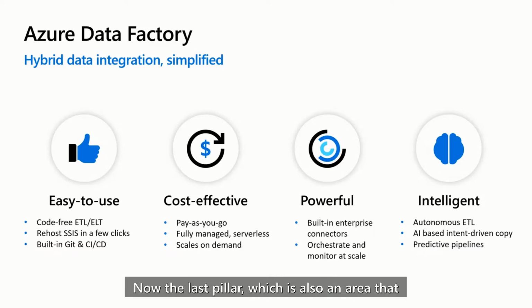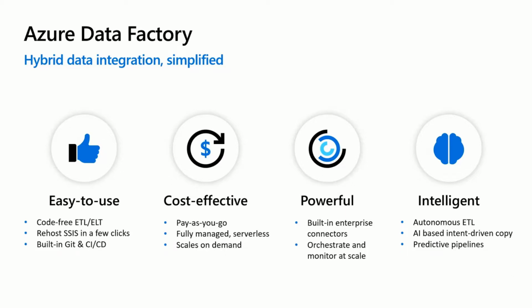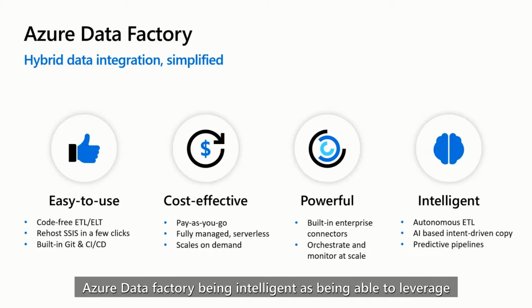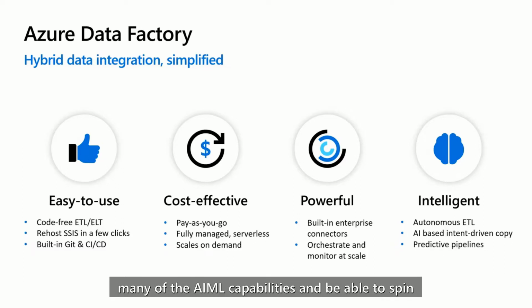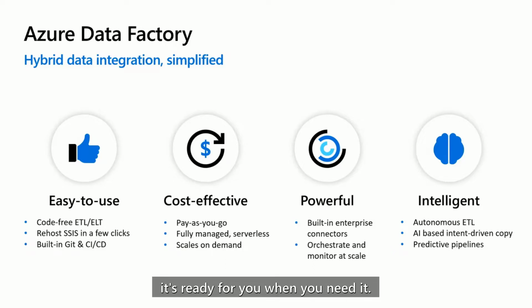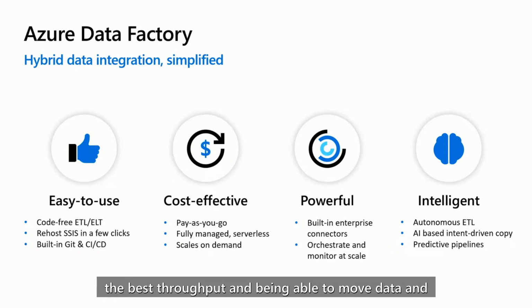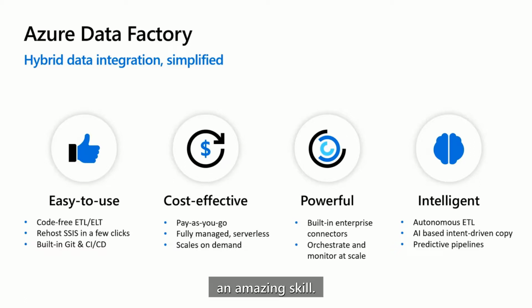Now, the last pillar, which is also an area that we continuously strive in, is Azure Data Factory being intelligent, us being able to leverage many of the AI ML capabilities and be able to spin up infrastructure for you on demand and making sure that it's ready for you when you need it. But at the same time, if you use copy, you also see that there's a lot of AI built in enabling you to move data with the best throughput and at an amazing scale.